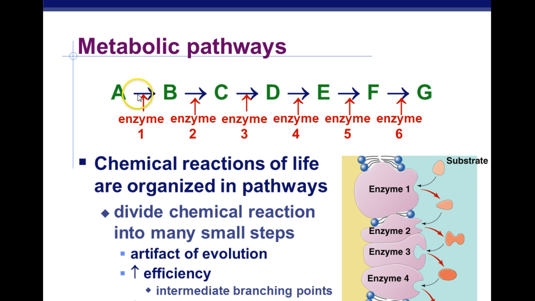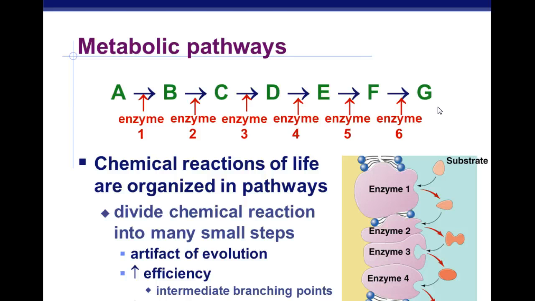So the enzyme here produces B, B then contributes to C, C contributes to D, etc., and the final product would be G.